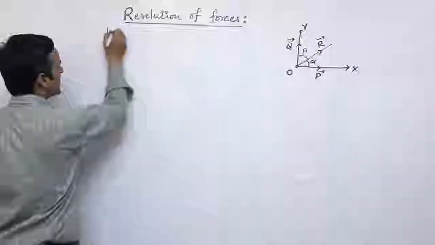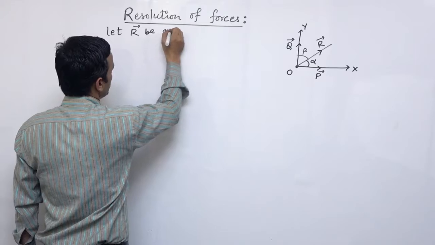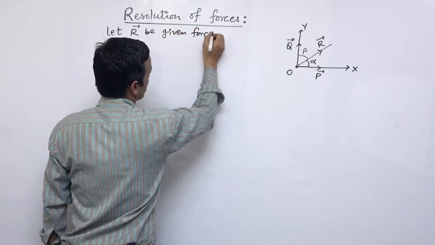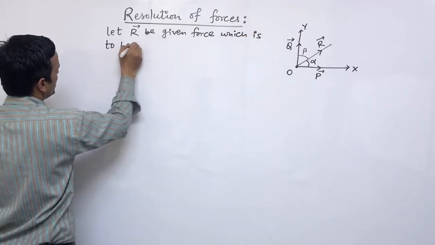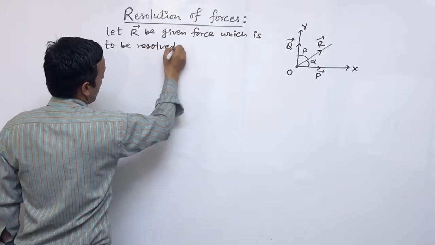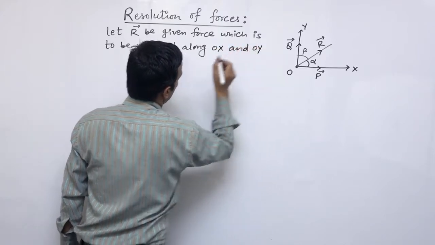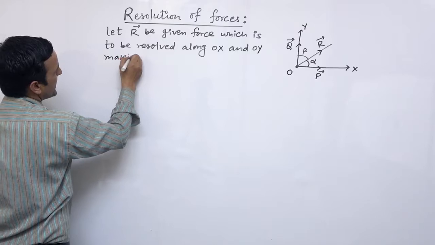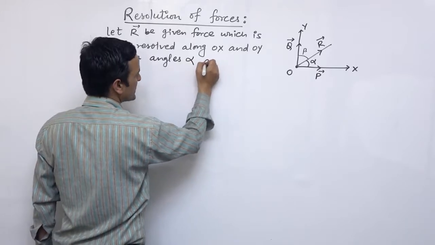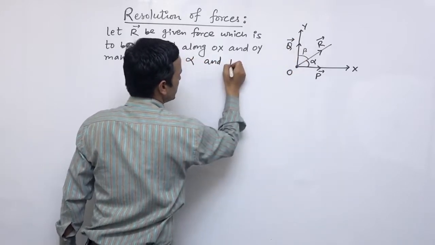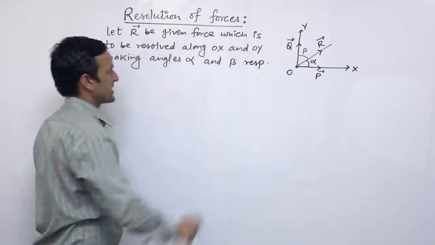Let's see. Here let R force be given, which is to be resolved along OX and OY, making angles alpha with OX and beta with OY respectively.